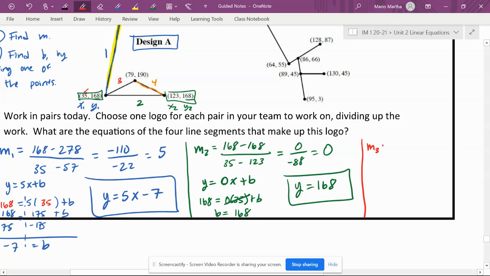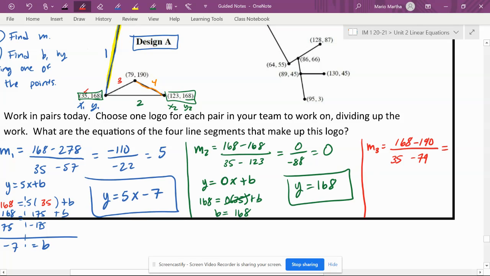So the slope of 3 is equal to, again, you want to do the first part. Change in y is 168 minus 190. All right. And then 35 minus 79. So here again, you want to make sure that you subtract.